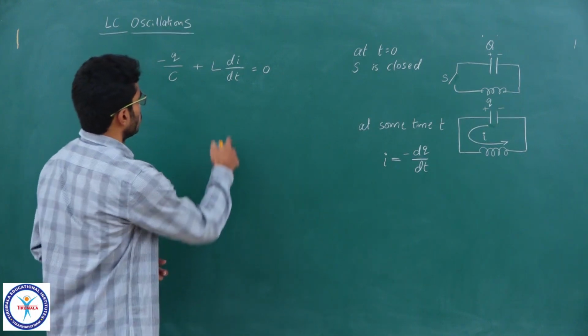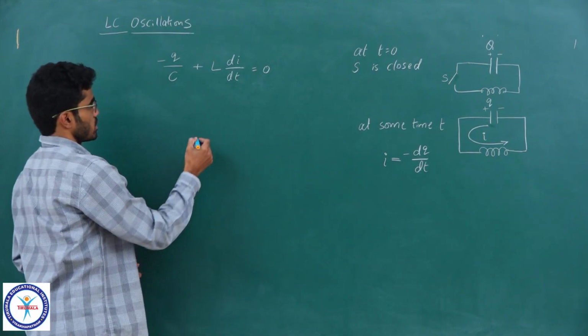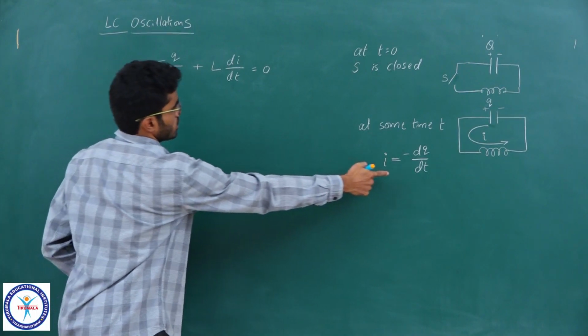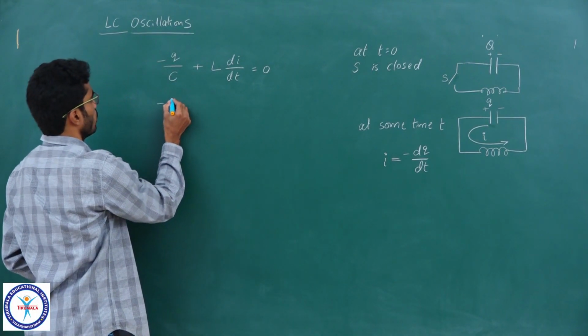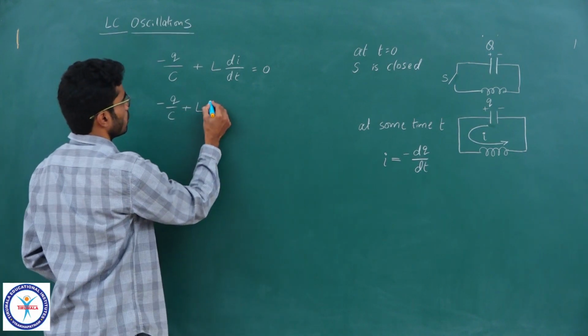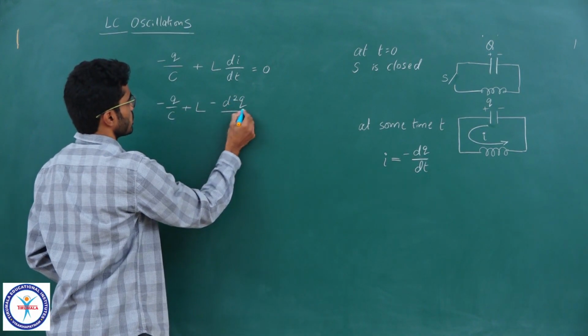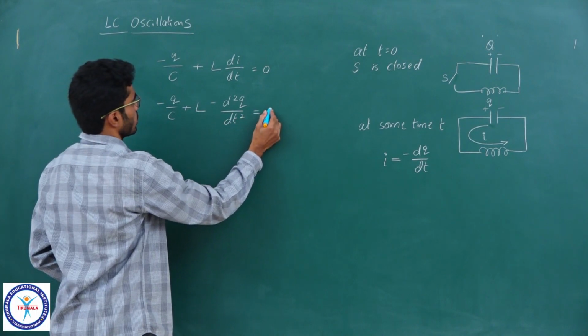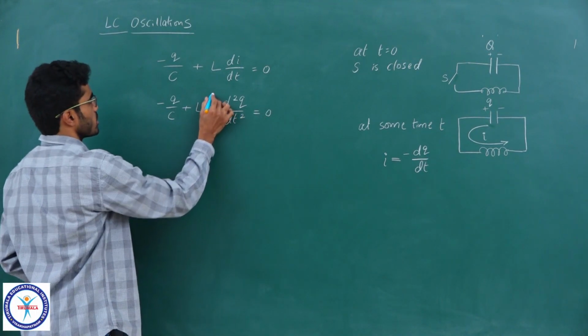So using this, if you replace di by dt with that equation, differentiating this again gives you minus q by C plus L di by dt will be minus d square q by dt square equals 0. You can rearrange this equation.